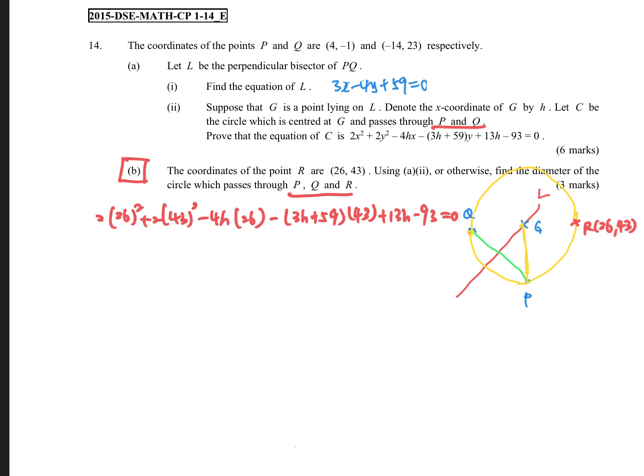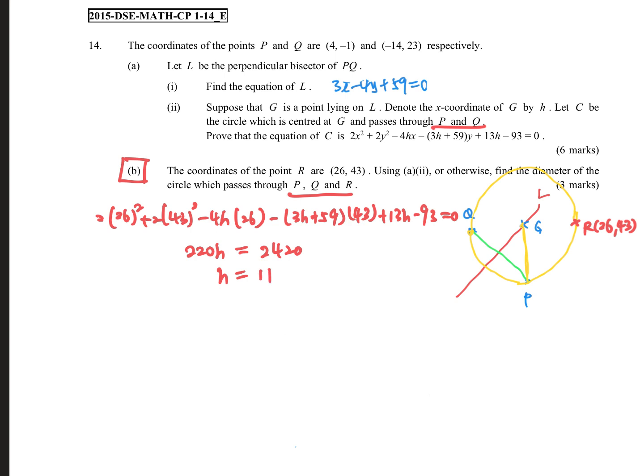That will be 4 times 96 plus 3 times 43 minus 13. So 220h equals all the constant stuff. So that will be 2420. So h equals 11. Good.